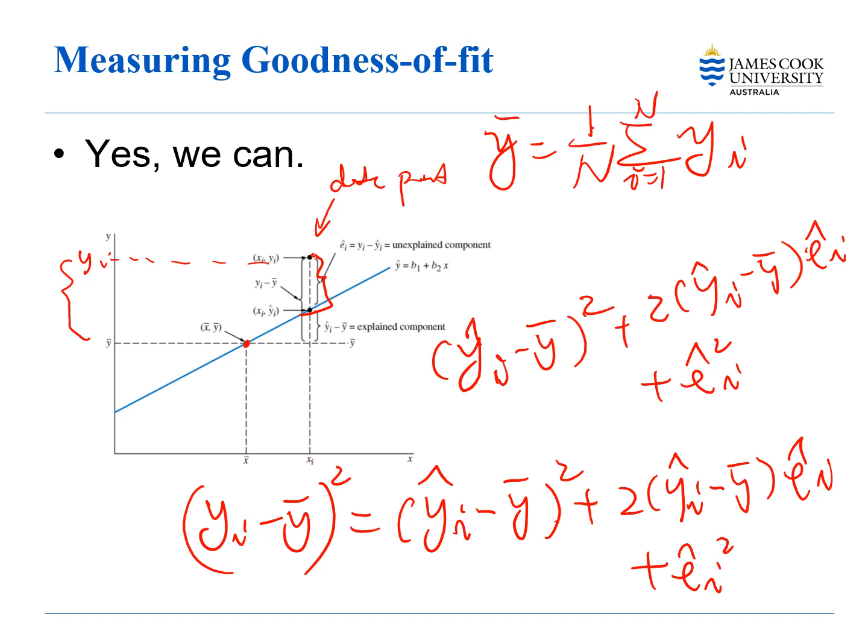This is the squared deviation for one i. Let's sum over all i from 1 to n.